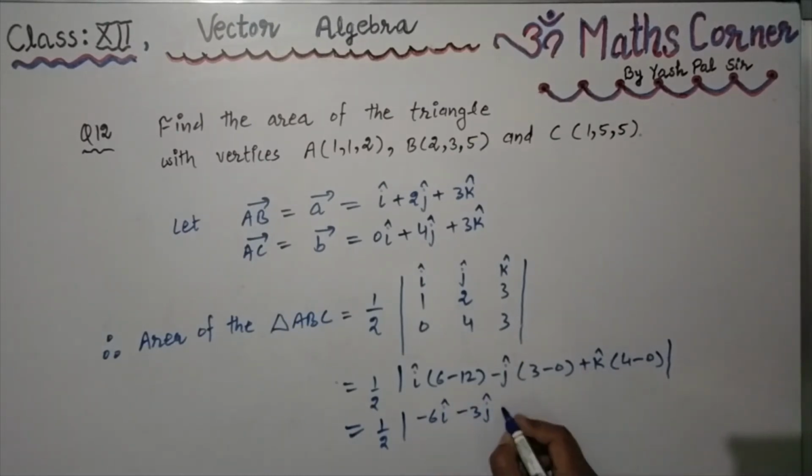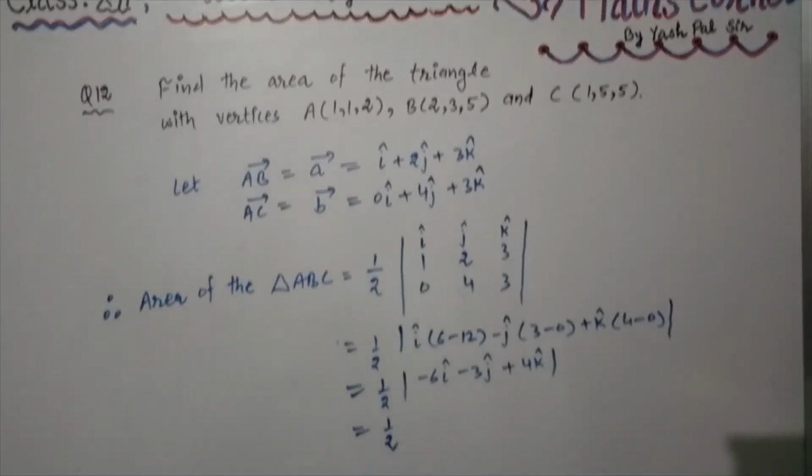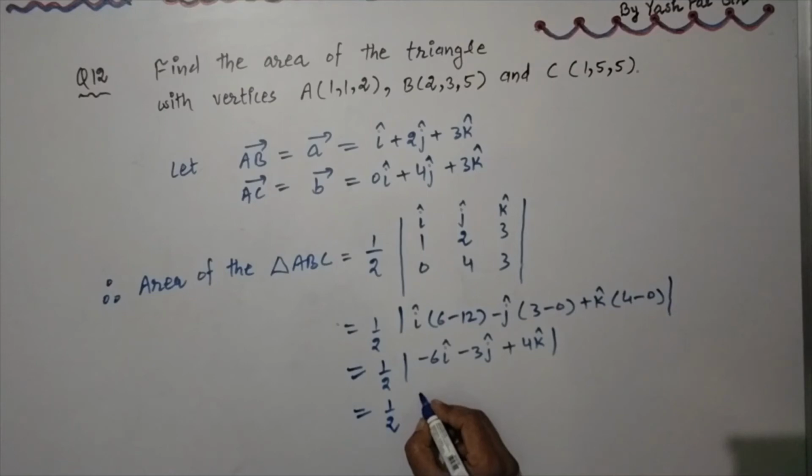So what we have, 6 minus 12 is minus 6i, minus 3j plus 4k.